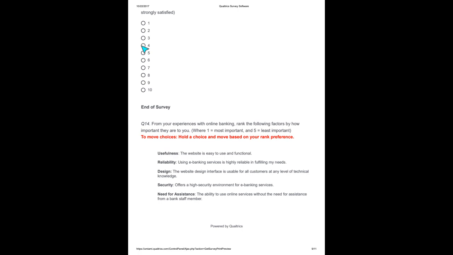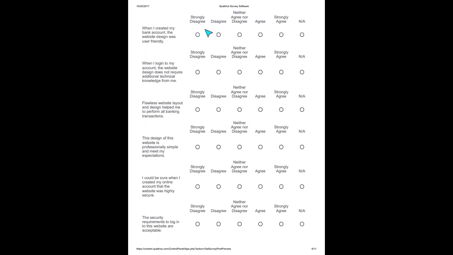Now, when you measure and look at all the results from the previous questions, you will see some questions with strongly disagree and some with strongly agree, and so on. When you put them all together in a regression, you will see why his satisfaction level was 4, based on the questions he selected on this side.